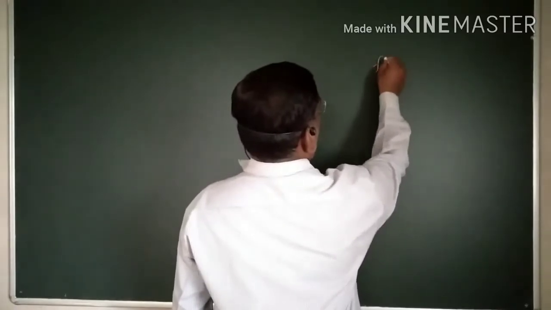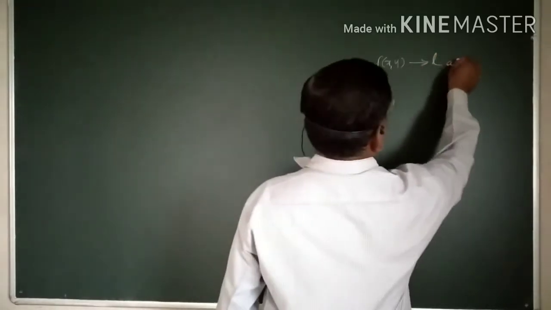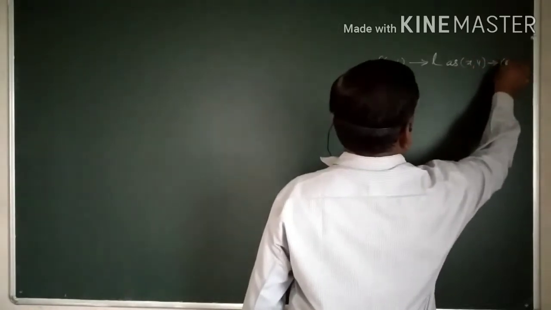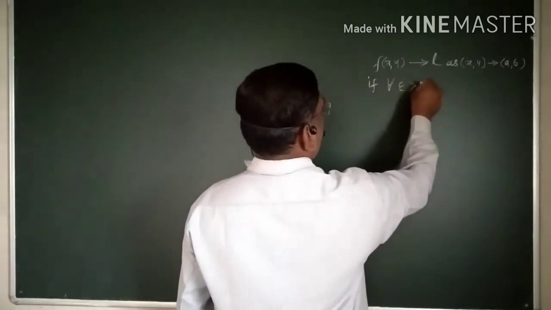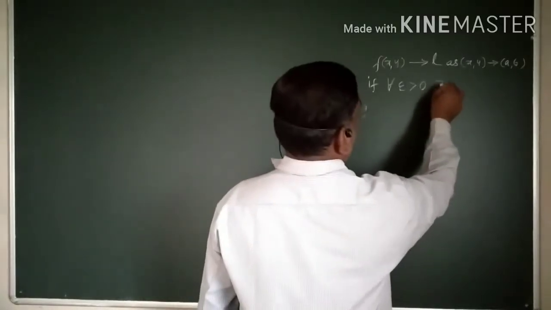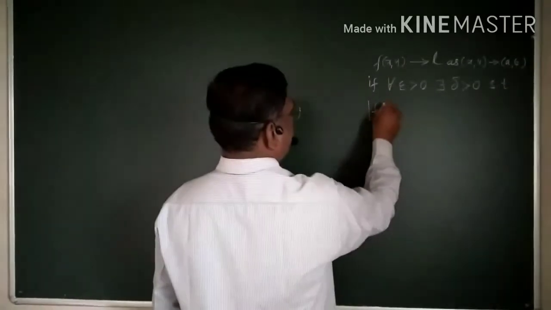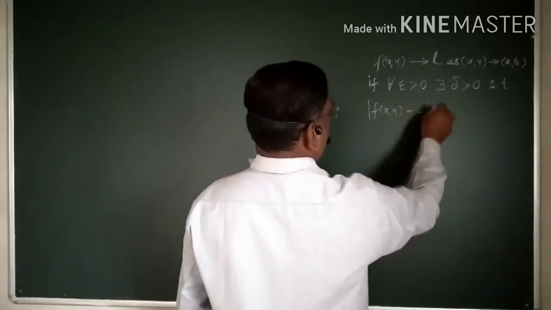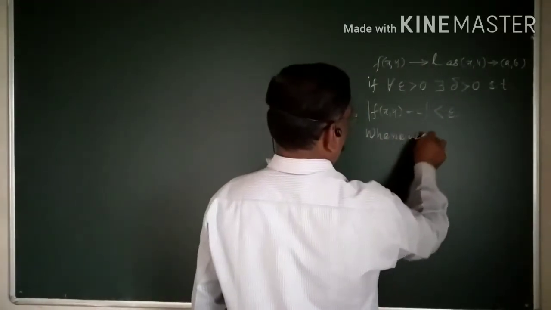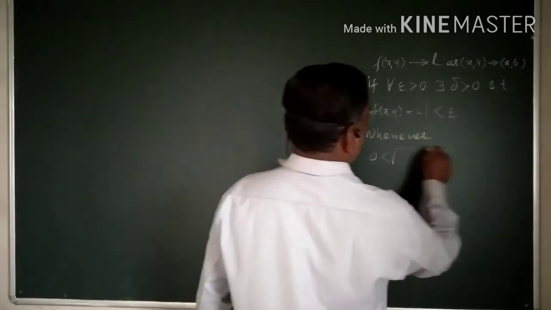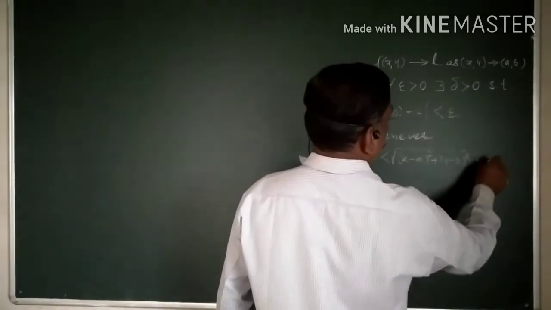As we know, f of xy has a limit L as xy tends to AB if we choose epsilon greater than 0, then we can find delta greater than 0 such that absolute value of f of xy minus L will be less than epsilon, and this will happen whenever 0 is less than root of x minus a square plus y minus b square less than delta.